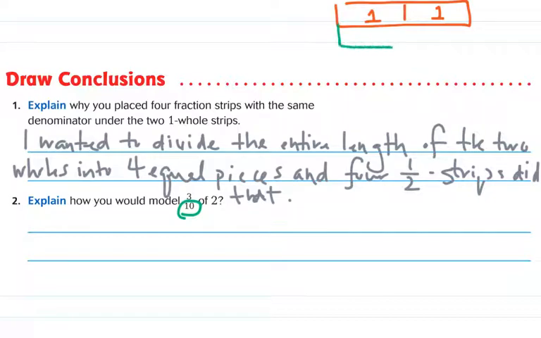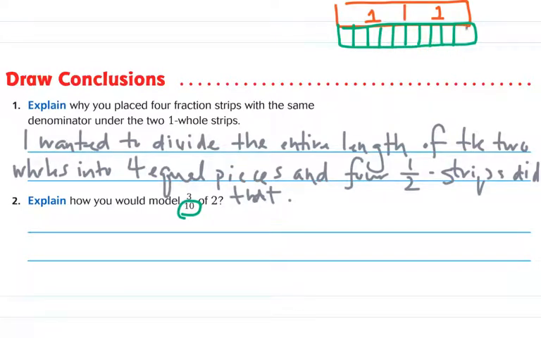If you thought of the answer of fifths, boys and girls, that would be exactly correct. We need fifths under here, because if we have 1/5, 2/5, 3/5, 4/5, 5/5, 1/5, 2/5, 3/5, 4/5, 5/5, let's count them out. 1, 2, 3, 4, 5, 6, 7, 8, 9, 10.